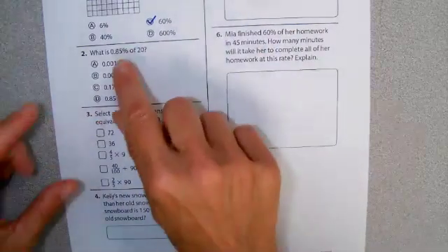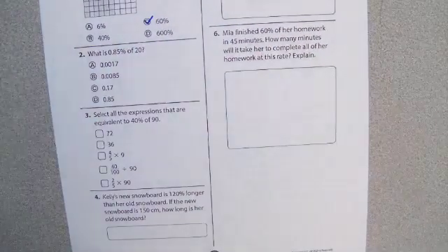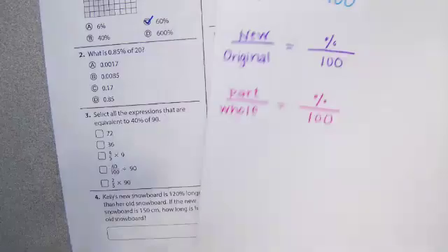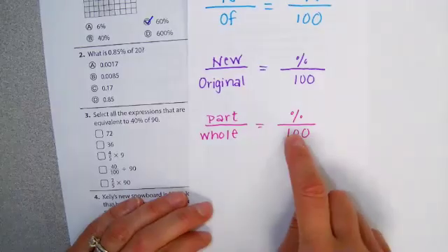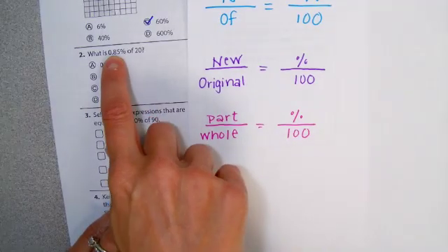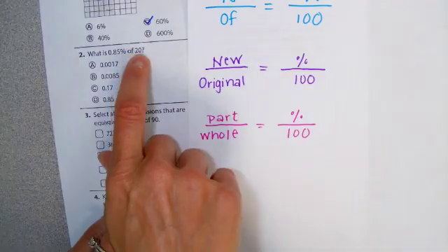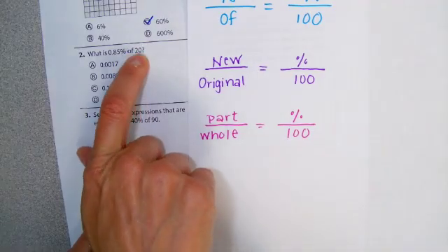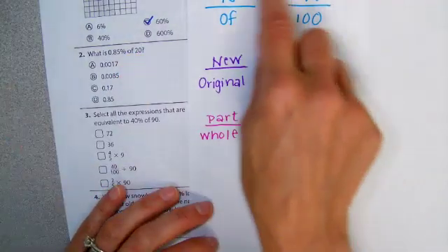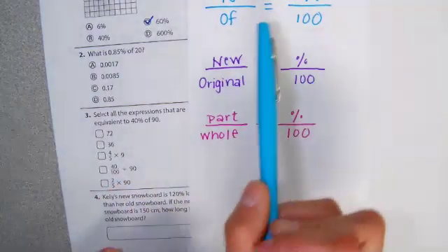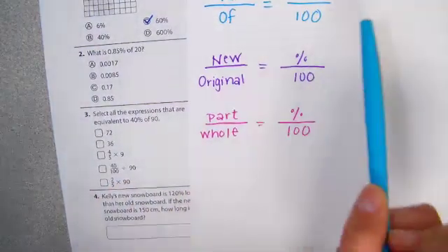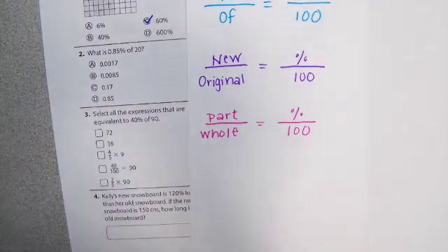Okay, so in these short little questions where it's asking you the percentage of a number, you can use this, or you can really use the part over the whole. So this is the percentage, right, of 20, which would be of a whole number of 20. Now, the little acronym, or the cheat, I guess you could say, is you can use the words here in these short ones to decide what goes where.